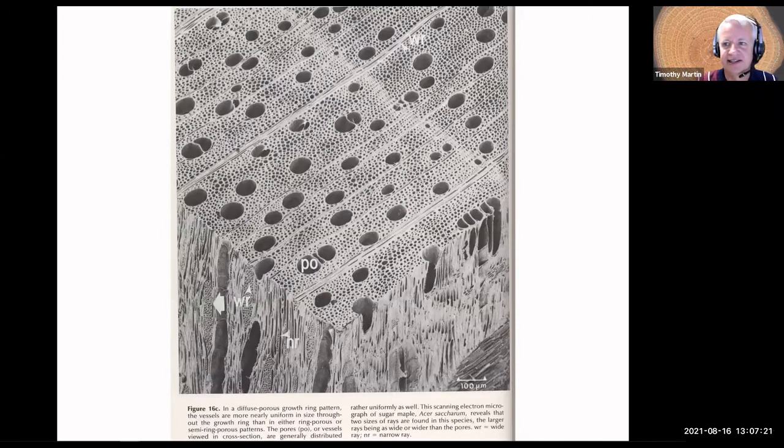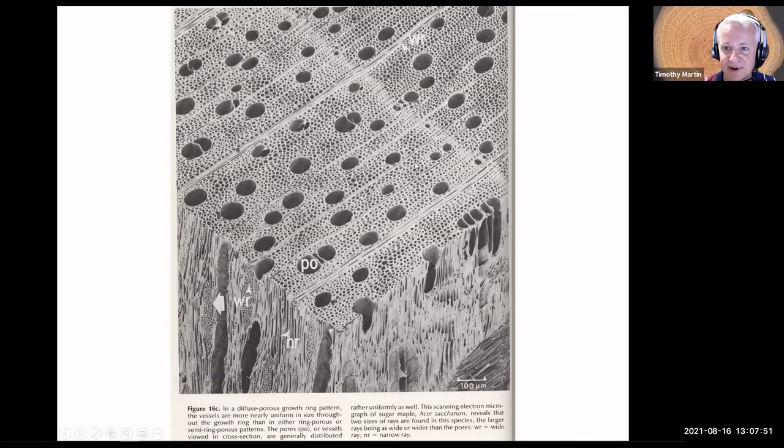Okay, this is an example of angiosperm wood. This is a cross section here. These big holes in that cross section are vessel elements. Again, they are much wider in diameter than the tracheids in the gymnosperm wood that we saw. Much more efficient water transport. All of these cells in between those big vessels are fibers.